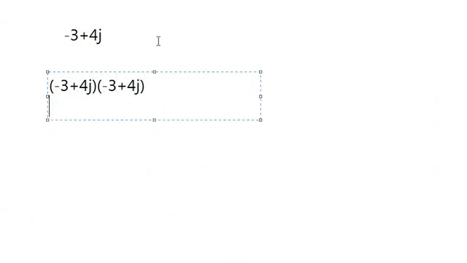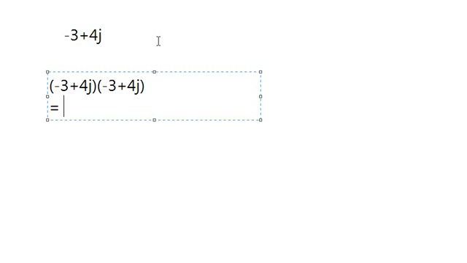Okay, so we do the good old basic expansion of brackets, and this will yield you a 9. Actually, you don't need to do this, do you? You know how basic quadratics work.